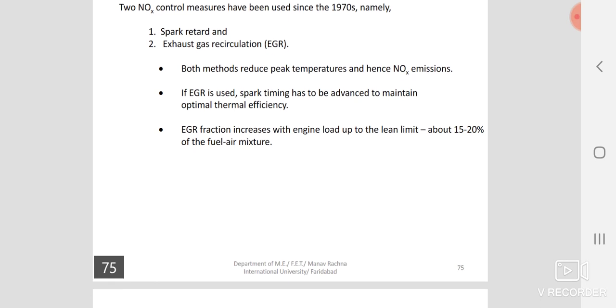That is to be taken care of in case of EGR. Air quantity high means oxygenated product will come out. More oxygenated product in the exhaust means less pollution. These are the different parameters we use in case of pollutants.